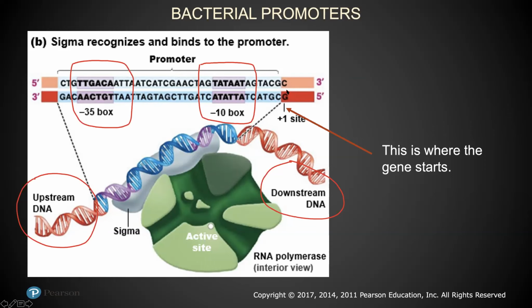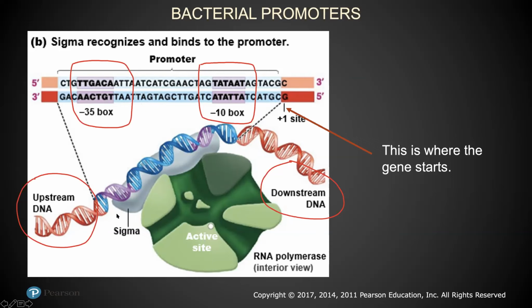Where this G would be located right here, and then this blue and purple is represented here. This TTGACA at the -35 position and this TATA box at the -10 position is going to be found upstream from nearly every transcript that needs to be formed. And so this is how the sigma knows where it's supposed to bind.